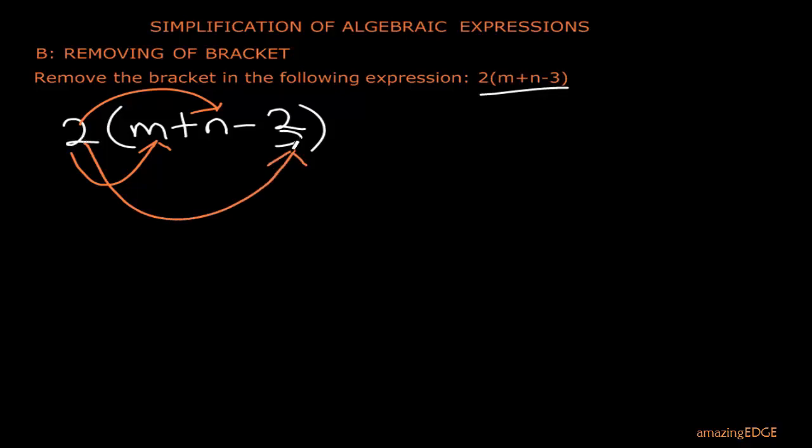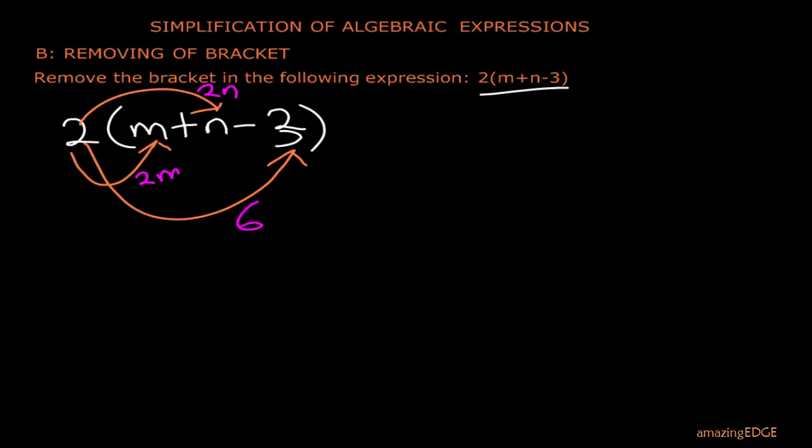So that will now tell us that when 2 multiplies M, here we have 2M. Okay, and when 2 multiplies N, here we have 2N. And finally, when 2 multiplies 3, we have 6 here. So what have we got?